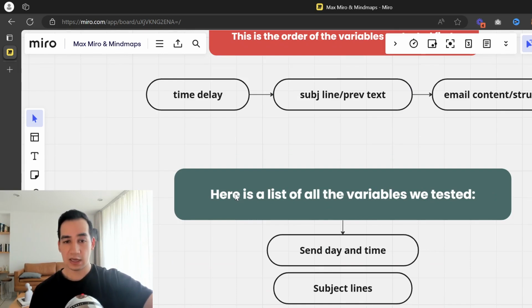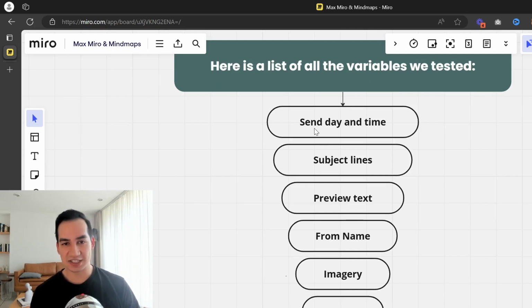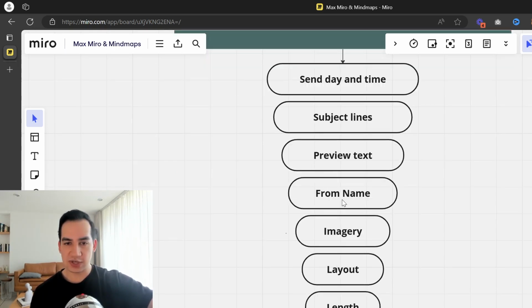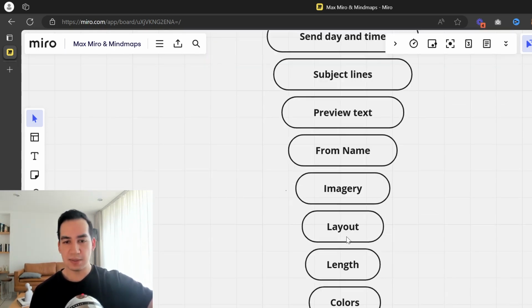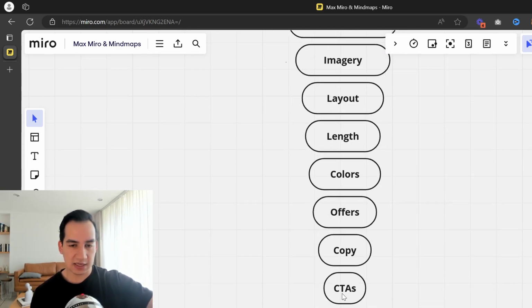Now, here's the list of all of the variables that we tested over the past year: send time, the day of the week we send it, subject lines, preview text, from name, imagery, layout, length, colors, offers, copy, and the calls to action.